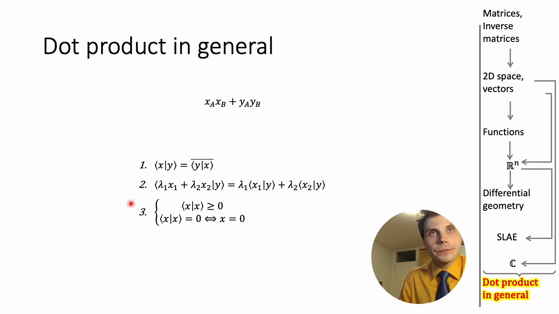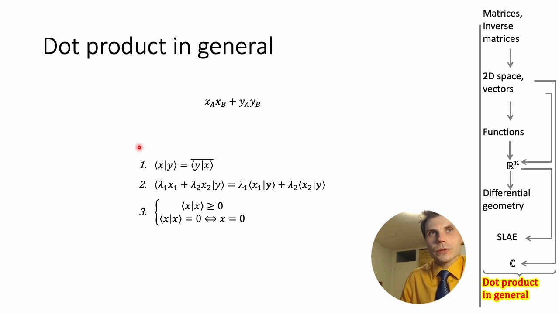And thirdly, the dot product of a vector with itself is always non-negative. x times x is always non-negative, and it is zero in just one case, only when x is zero itself.